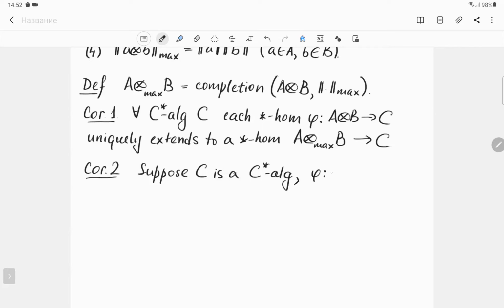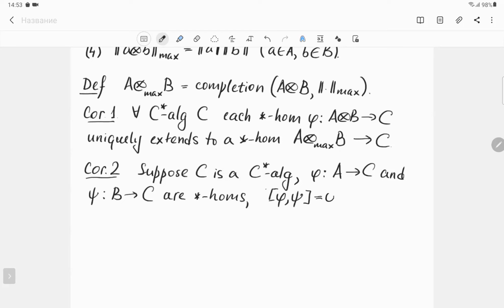So phi is a star homomorphism from A to C, and psi is a star homomorphism from B to C. Suppose that phi and psi commute in the sense that their images commute. This is a short notation for the property that phi of a and psi of b commute for each a and b.